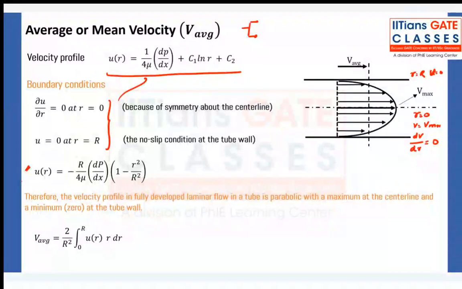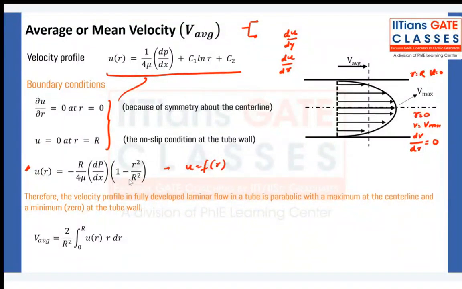There, my purpose was to calculate how du was changing in the y direction. Here my purpose is to calculate how du is changing in the r direction. So this is my equation. It tells me u is a function of r, and how it is related to r. Now I need to calculate V average.